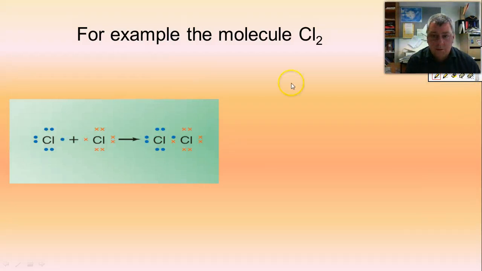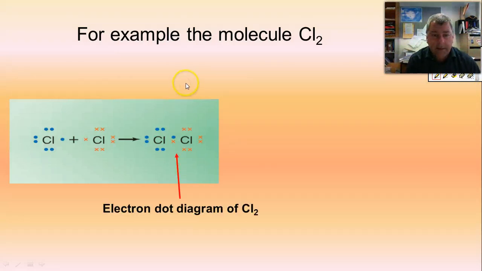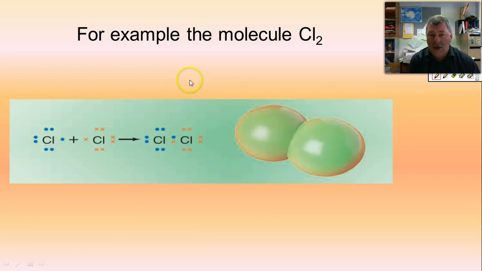Let's get this back. I'm doing a bit of drawing, which slows us up. So there's our electron dot diagram, and that's what it looks like.